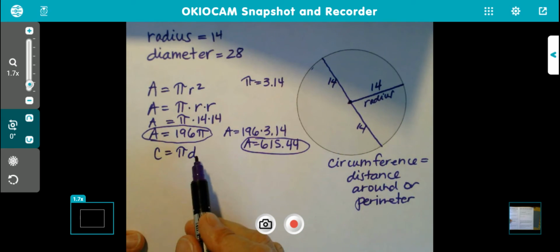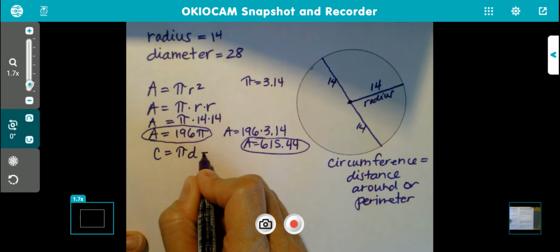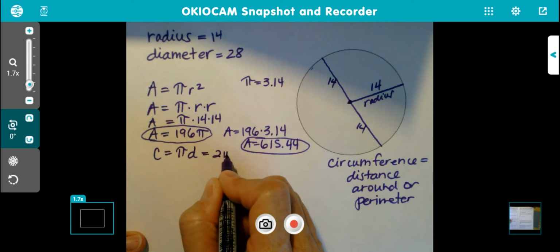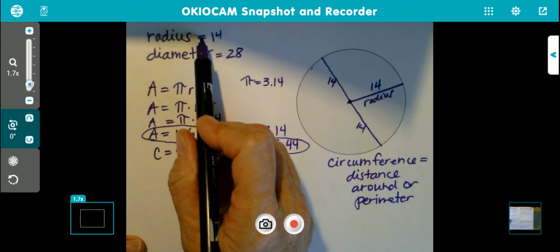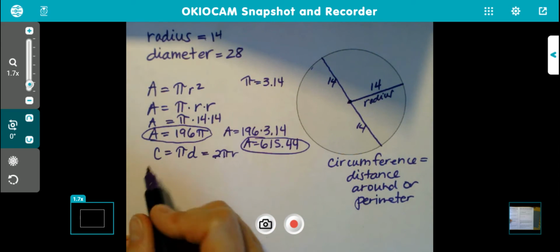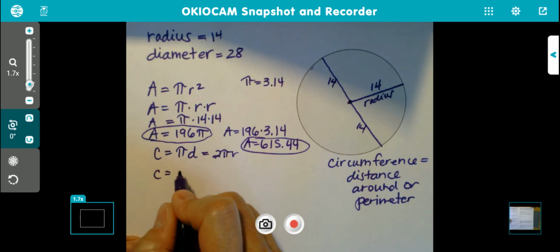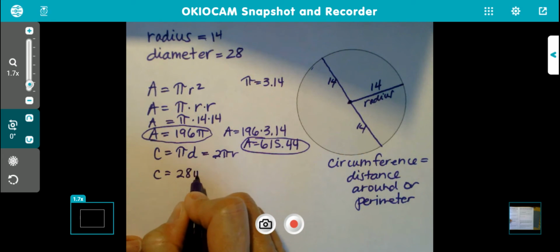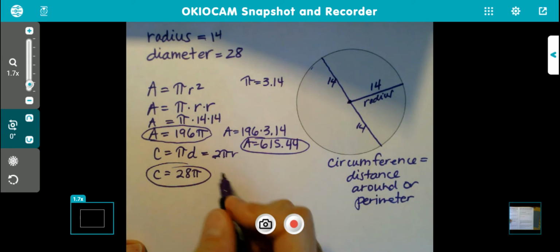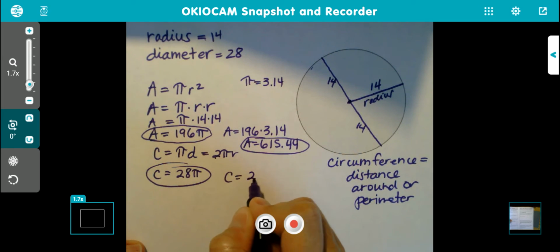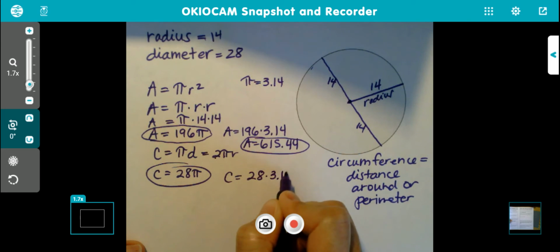Well, we do pi times the diameter, which is 2 times pi times the radius. These are the same thing. So 2 times the radius, as we talked about up here, is the diameter. So again, we could put our answer as 28 pi. That is one perfectly acceptable answer, or you can multiply 28 times 3.14.